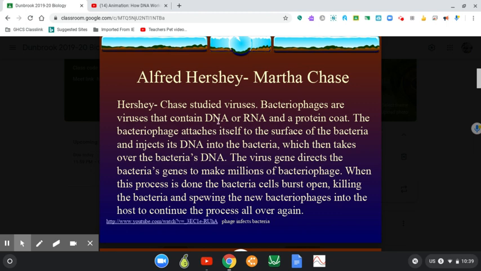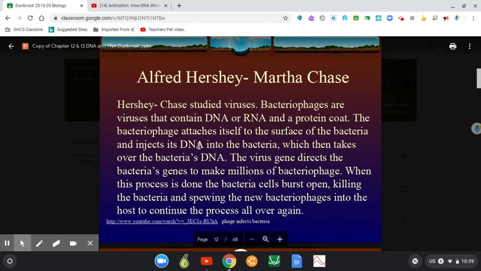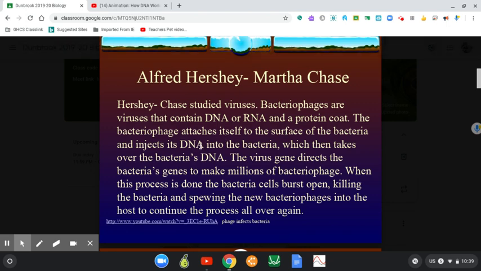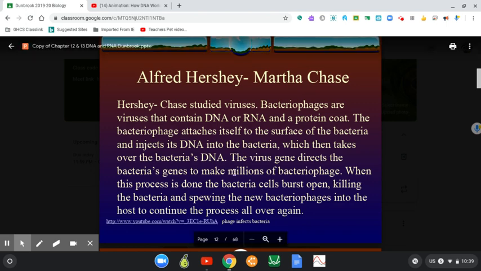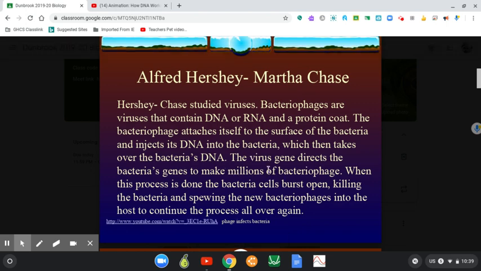So the bacteriophage attaches itself to the surface of the bacteria, and it injects its DNA into the bacteria. This then takes over the bacteria's DNA. So this is kind of like putting software in your computer, and the computer is now running your software, doing what the software tells it to do. So the virus gene directs the bacteria's genes to make millions more bacteriophages. Remember, these are viruses.